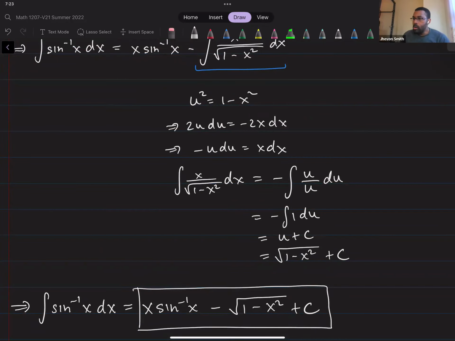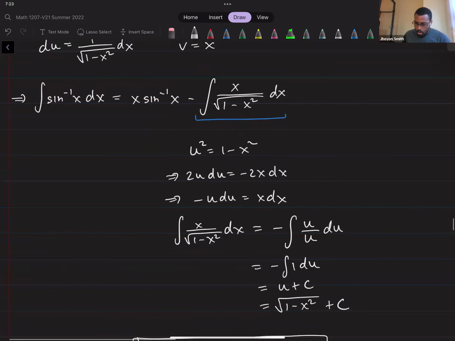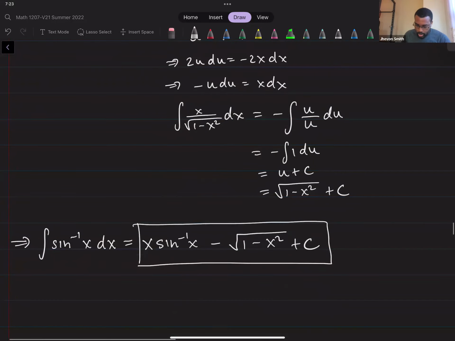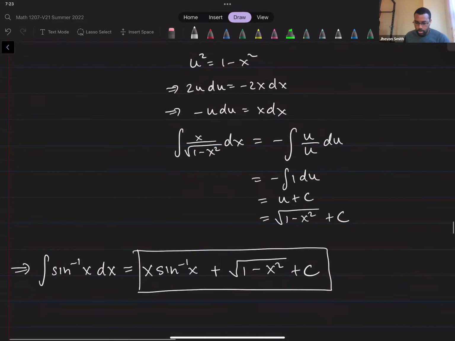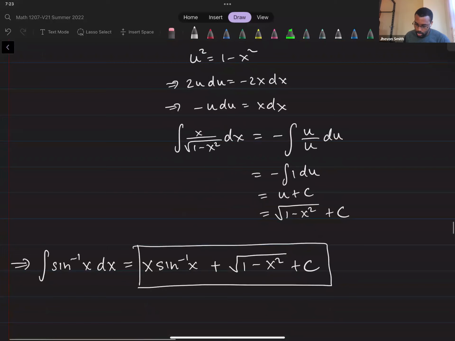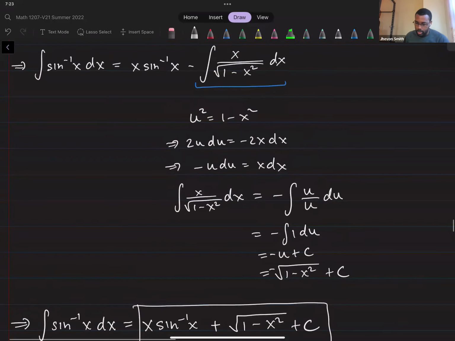Sorry, did you lose a negative over there from the negative integral of 1 du? Oh yes, so that's going to be a plus. Because I have a negative here, which when I plug in, I get a plus.